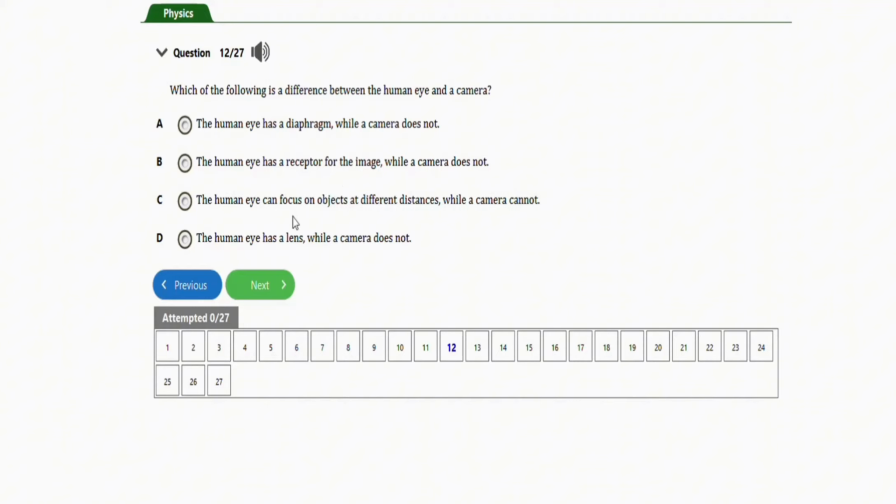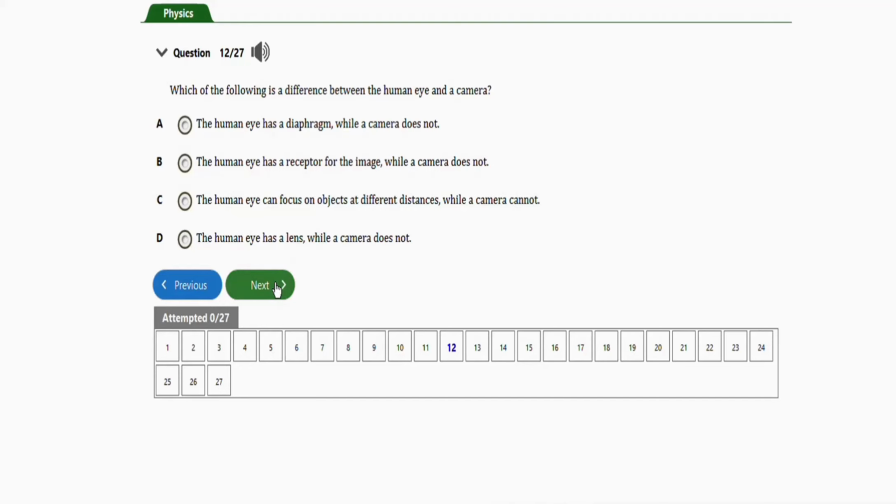The human eye can focus on objects at different distances, while a camera cannot. The human eye has a lens, while a camera does not. So the correct option in this question is option C, which is the human eye can focus on objects at different distances, while a camera cannot. Take note of this particular question.